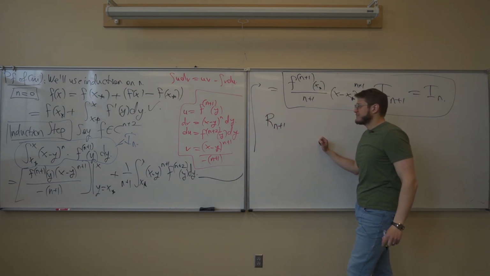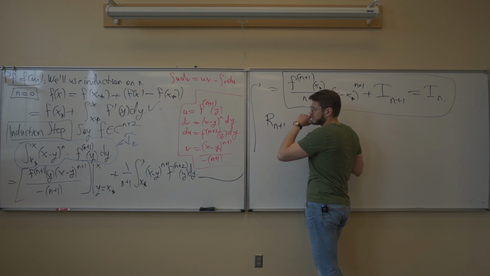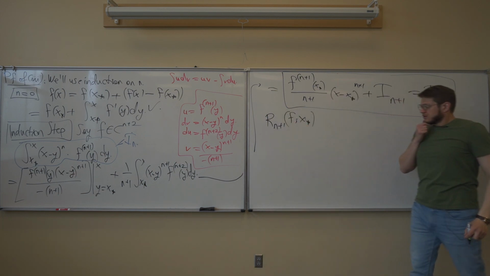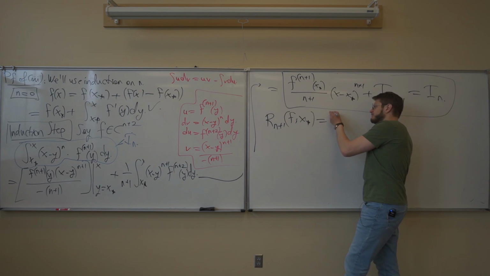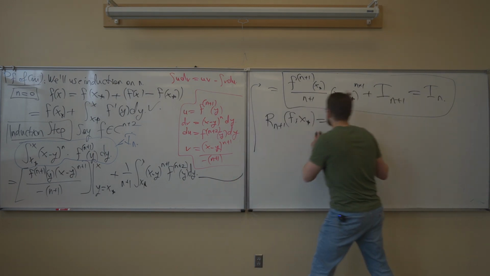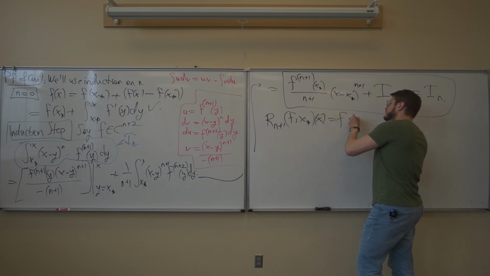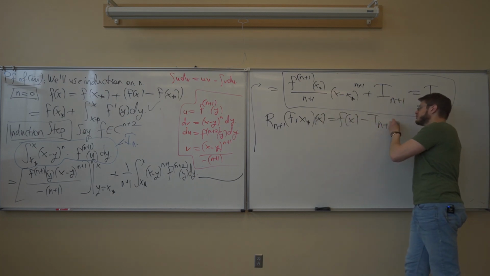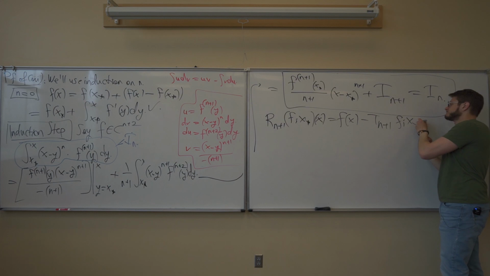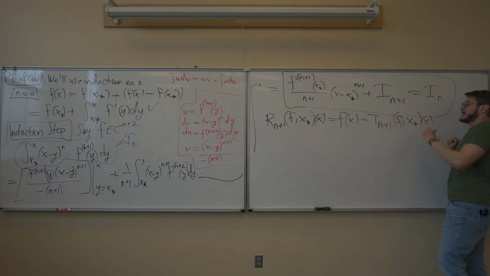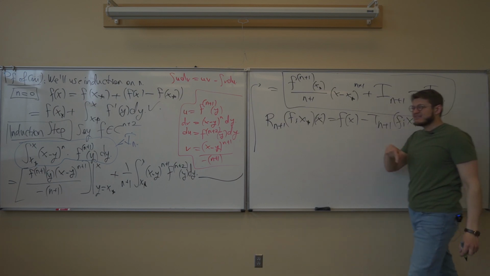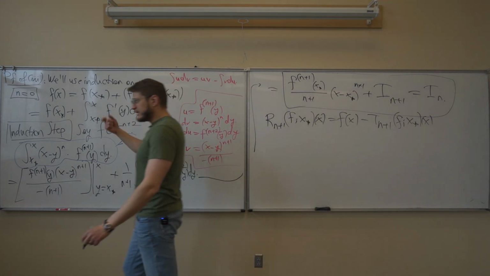The (n+1)th remainder at x is f of x minus the (n+1)th Taylor polynomial at x. But this is nothing but the nth Taylor polynomial plus the next term.